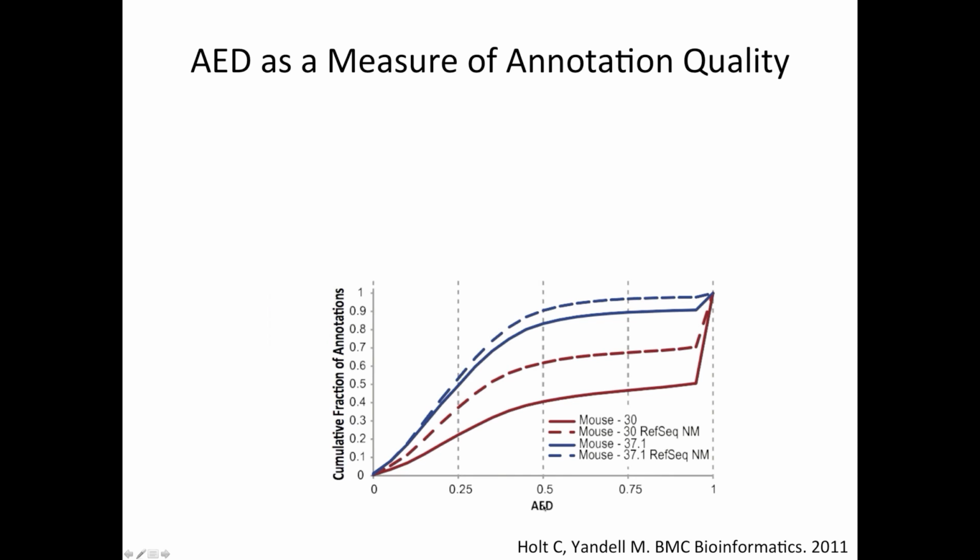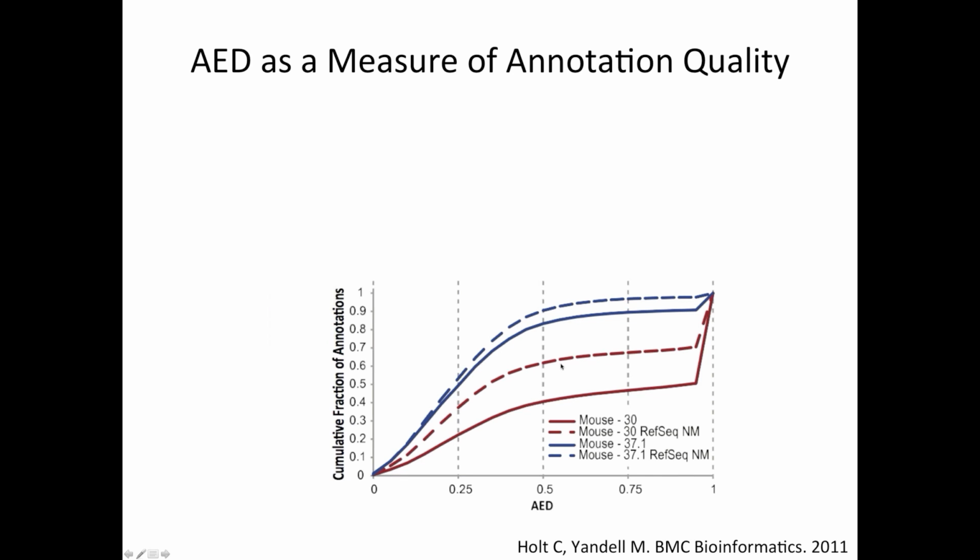So this is another one of those AED graphs with AED on the x-axis and the cumulative fraction on the y. We're looking at mouse from release 30, the mouse annotation set from NCBI from a number of years ago, and then the annotation set a few years after that. So 30 was one of the original releases of mouse annotation, and 37 was a few years after the community had been working with it. We can see that these AED curves from the early mouse annotations reflect poor alignment between the annotations and the evidence, whereas those from several years later show a much higher alignment with the evidence.